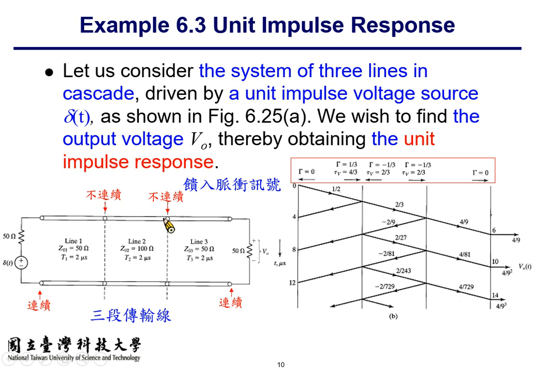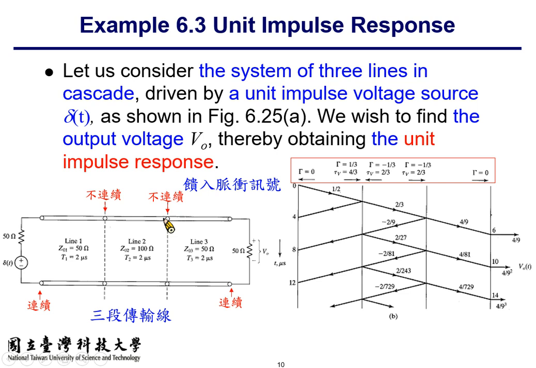Sorry, they are characterized by characteristic impedance and the length of the transmission line. How do you characterize the length? You can address the actual physical length, or you can address it as the propagation delay on the line. Here we use the second method. Line 1 is characterized by 50 ohm characteristic impedance and 2 microseconds propagation delay.